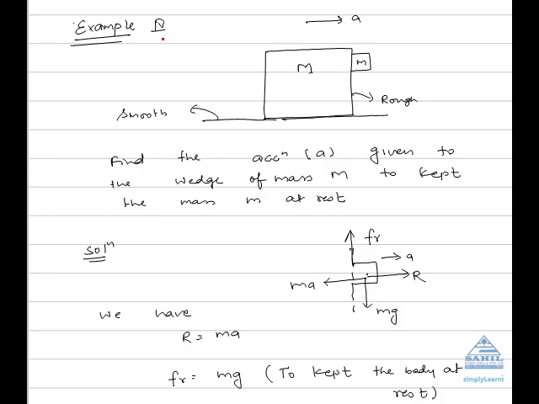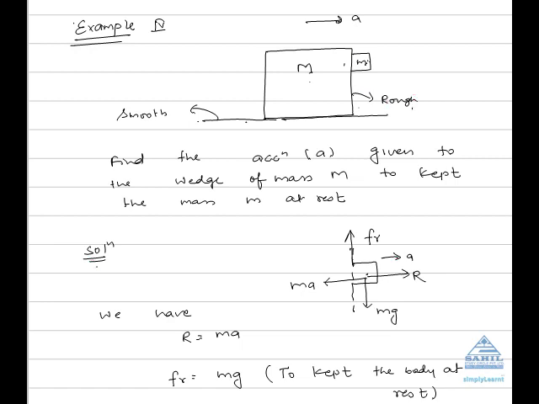Now we consider some more examples of friction or rough plane. We have a simple example: a block of mass m and a wedge of mass capital M, or a huge mass body, are both kept in contact. Find the value of a on the system so that the block m remains at rest with respect to capital M. Again, the horizontal plane is smooth and the vertical wall of the plane is rough.